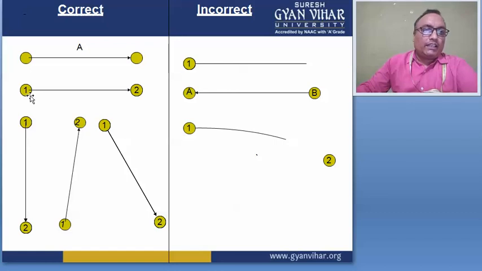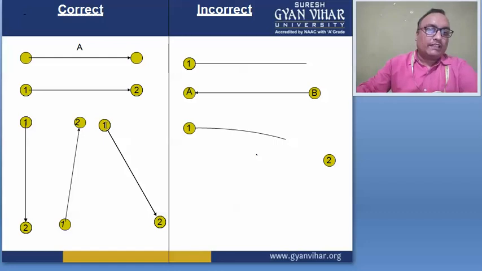Inside the circles, we write only numbers, and these numbers go in ascending order, meaning 1, 2, 3, 4, or A, B, C, D. Here it is alphabetic, but this arrow is reverse, and no activity should go in reverse order.